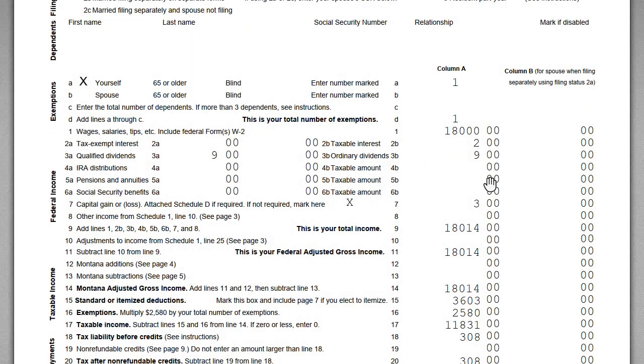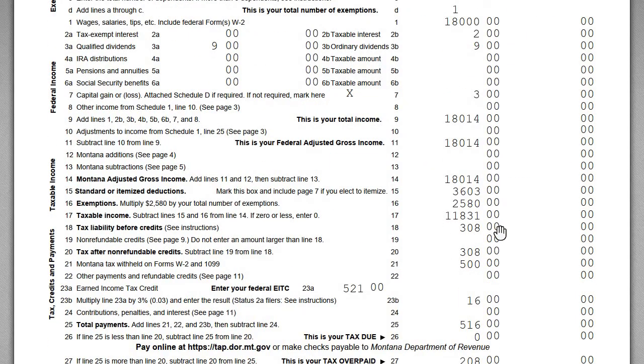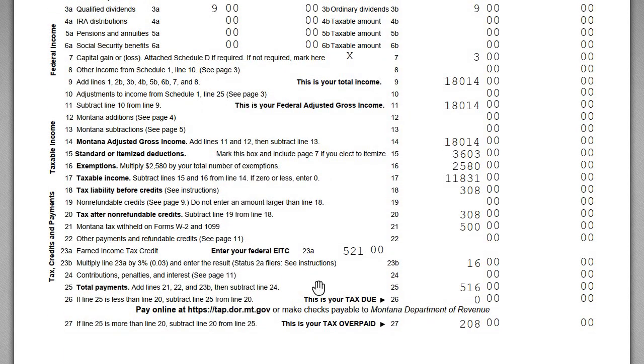Now, the amount of tax that John's going to owe based on this income for state purposes is here. So line 18 is the initial tax liability of $308 before accounting for credits. So credits are state income taxes withheld, and then other types of credits like the earned income tax credit. So very simple calculation. You don't need a separate schedule for Montana here. We just have to put the numbers on the form.